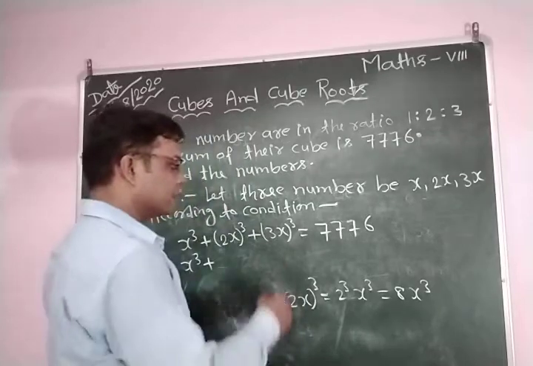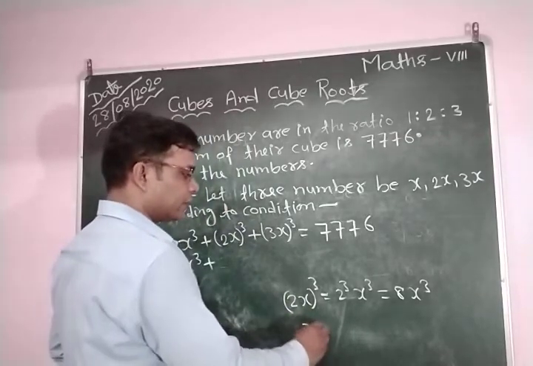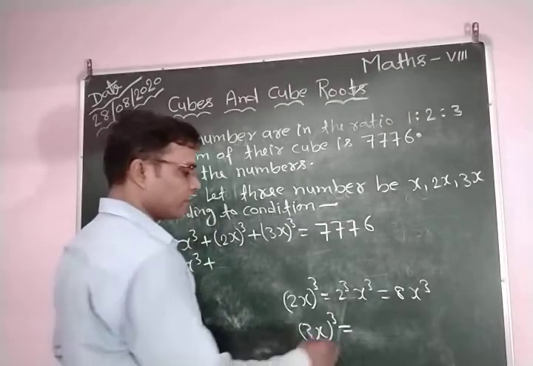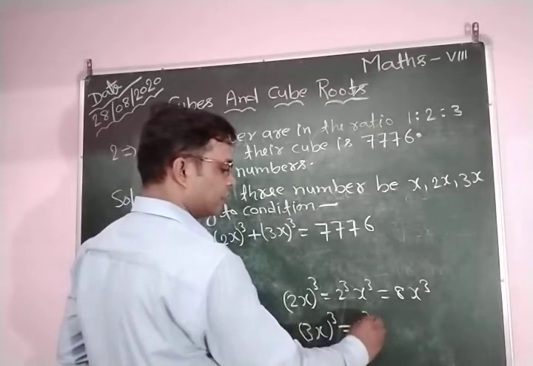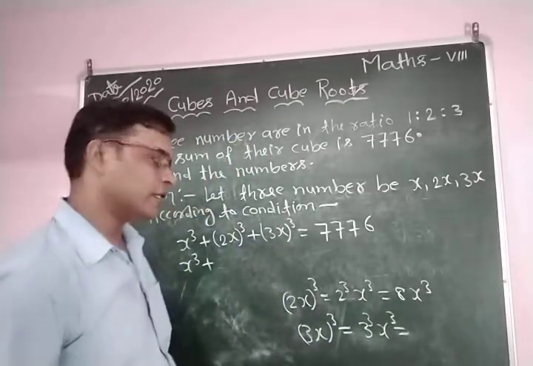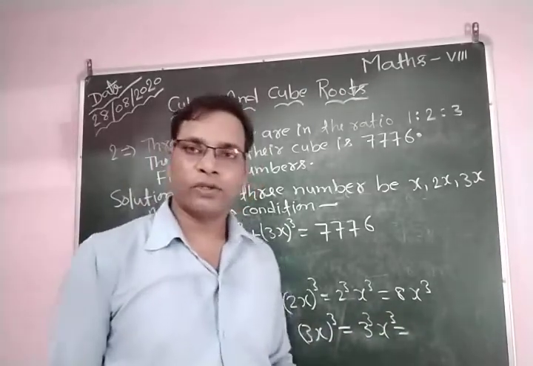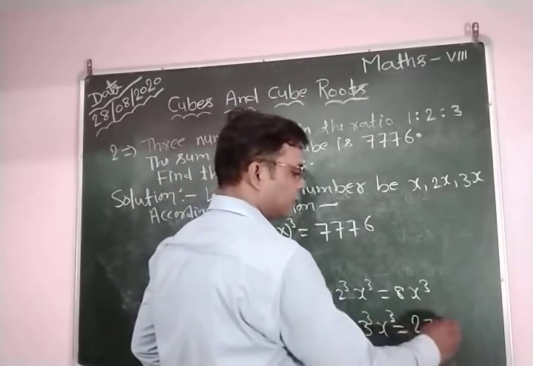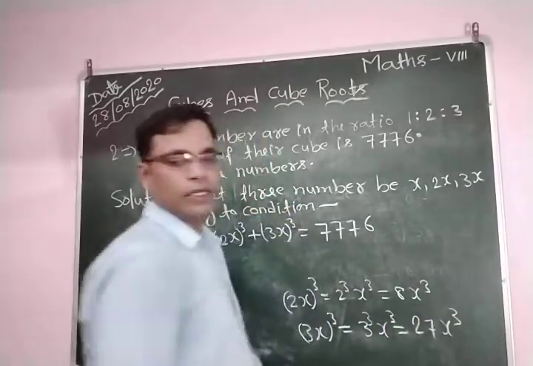Now this is 3x cube, which is 3 power 3 into x cube. And 3 power 3 is 27. So in this way this becomes 27x cube.